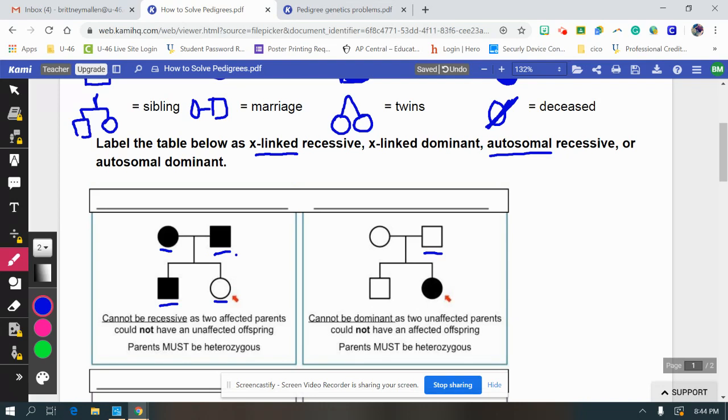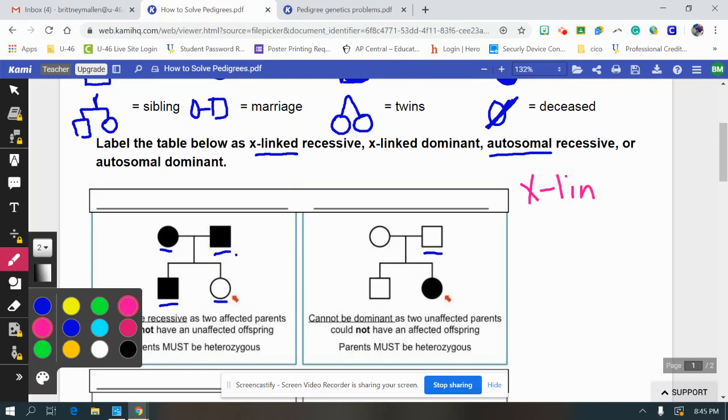So these 4 examples below are looking at those, and we're going to kind of talk about what that means. So when you have a trait that is X-linked, what that means is that you have some kind of mutation on the sex chromosome. And in this case, it's the X chromosome.